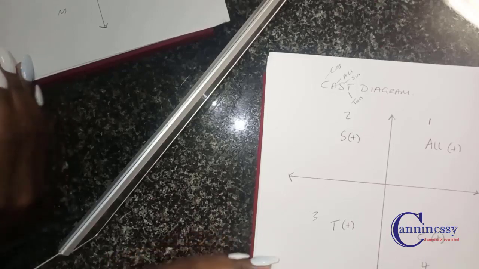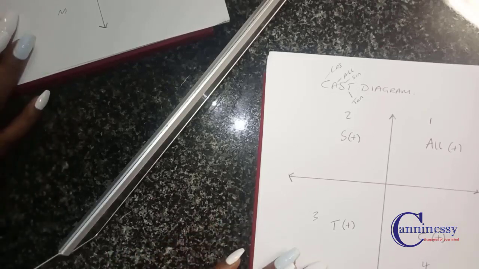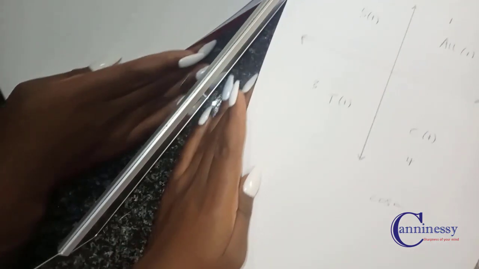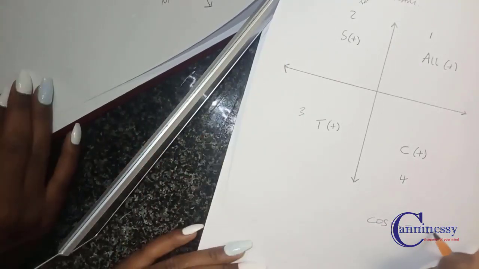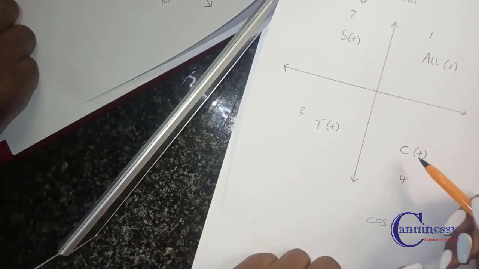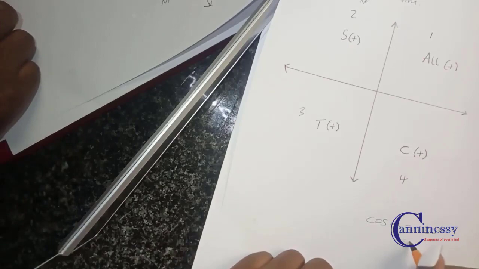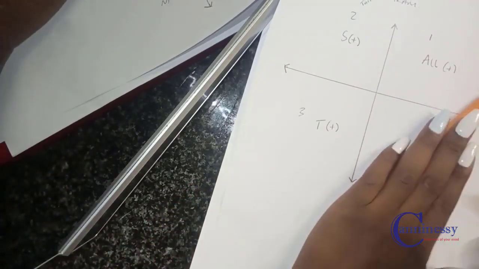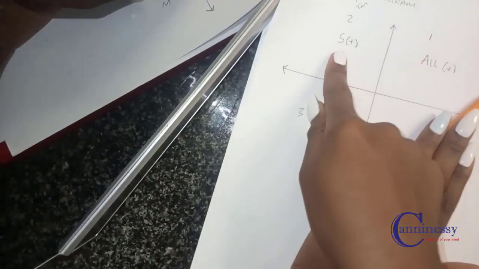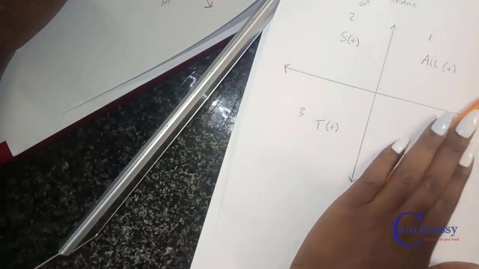So what it means is that if you have cos of whatever angle, and it gives you maybe positive 30 degrees, then you know that the angle is here. But if it gives you something like negative 30 degrees, it's not here. It will either be here or here, because here all of them are positive.